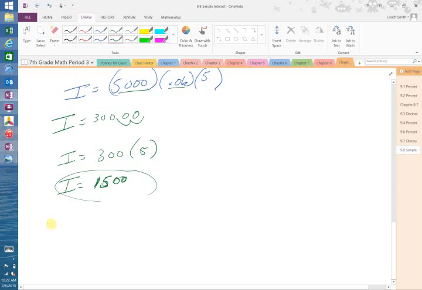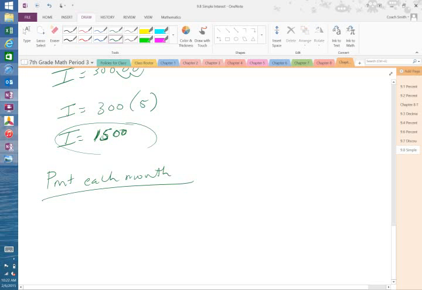For the payment each month, you would simply take the $5,000, the principal, plus the interest, $1,500. Put those two together. You get $6,500, and we divide that by 60. How long did I borrow it for?